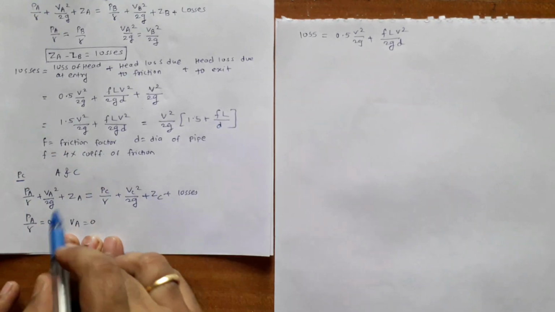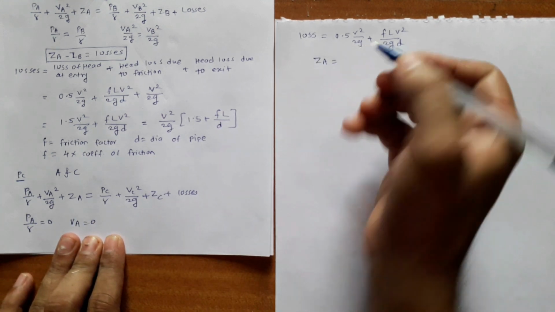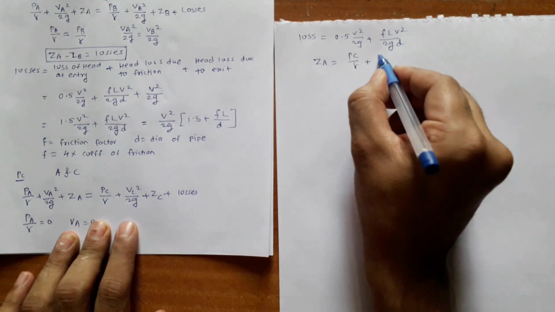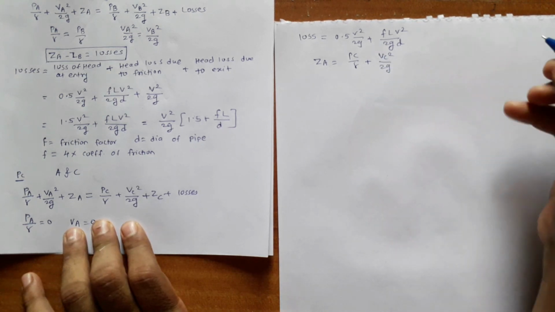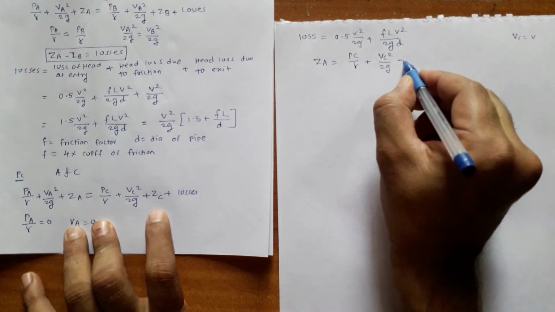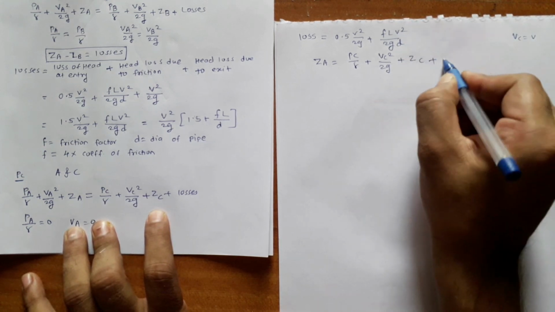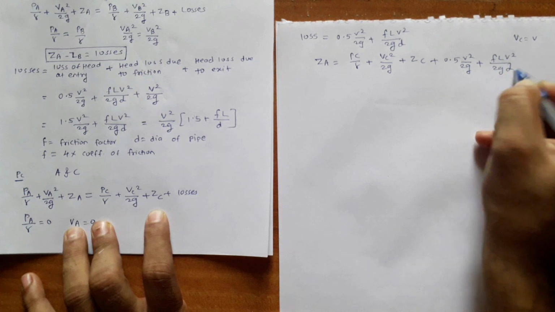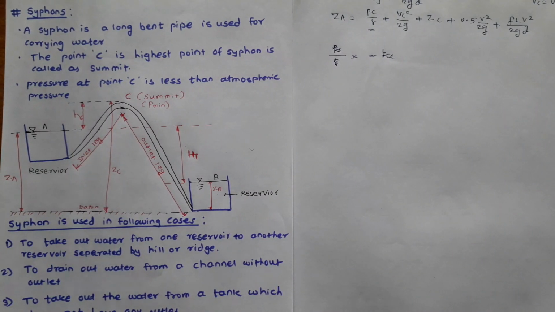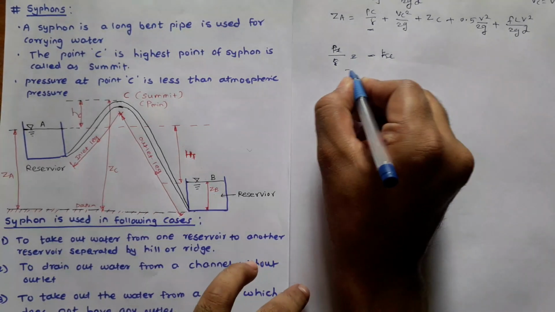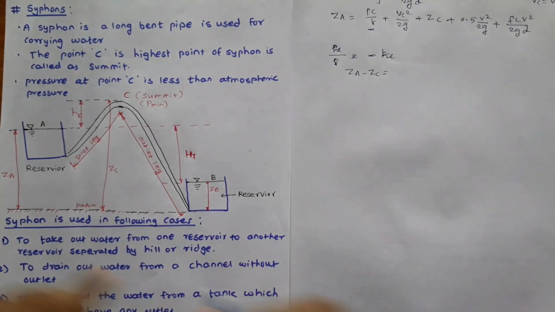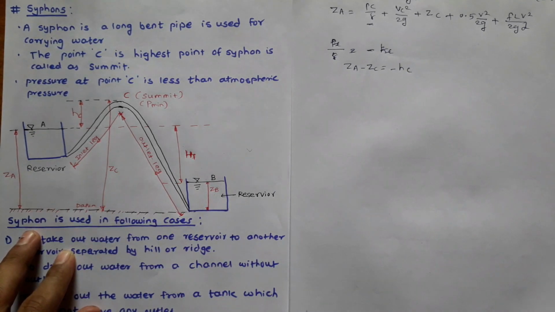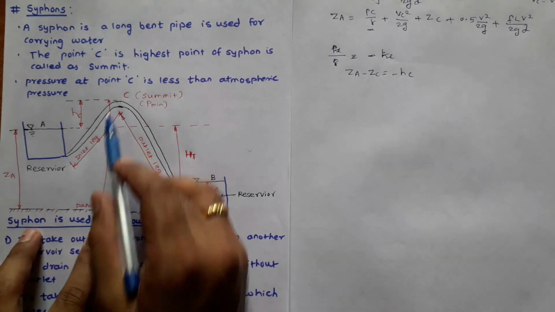So Z_A is equal to, putting this loss value in this equation, P_C by gamma plus V_C square by 2g, where we can replace V_C by V, plus Z_C plus 0.5 V square by 2g plus f L V square by 2g D. Z_A minus Z_C is equal to minus H_C, because Z_A is the level of reservoir A and the C point height is Z_C.